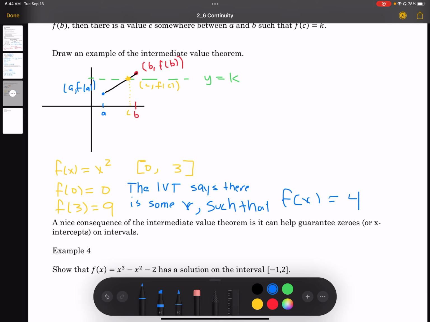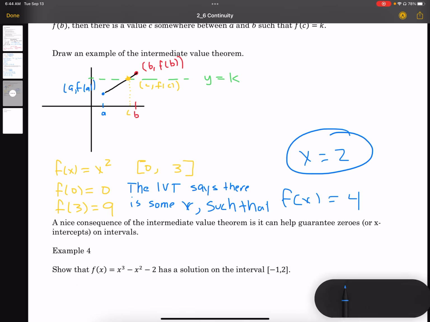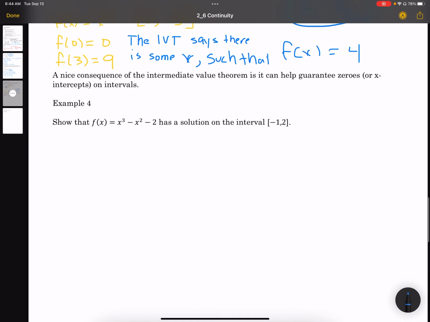Now we know what the value is between 0 and 3 that, if I square it, I get 4. Namely, that's going to be x equals 2. That's what the intermediate value theorem will tell you, that there's a value that has to give a certain output, and that value has to be between 0 and 3. So 4 is between 0 and 9, and the value that produces 4, which is 2, is between 0 and 3.